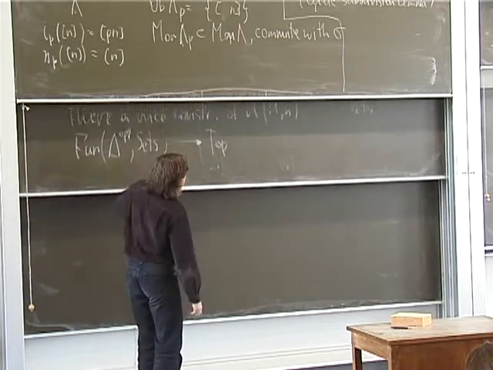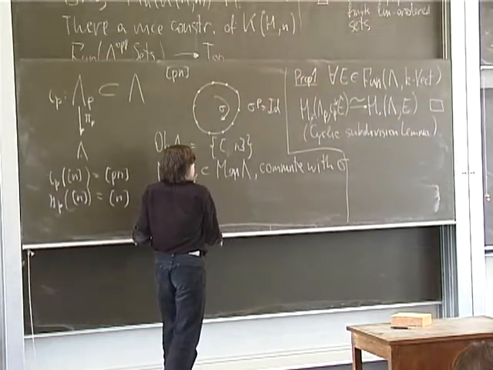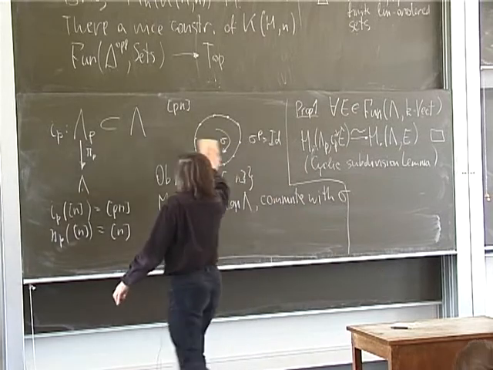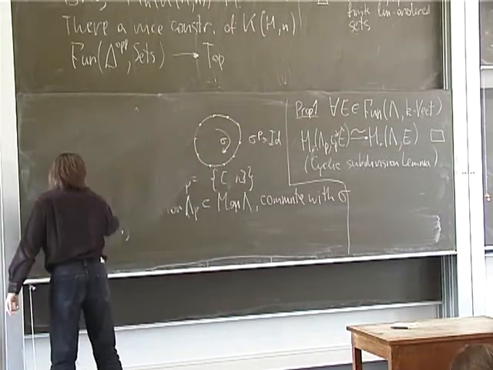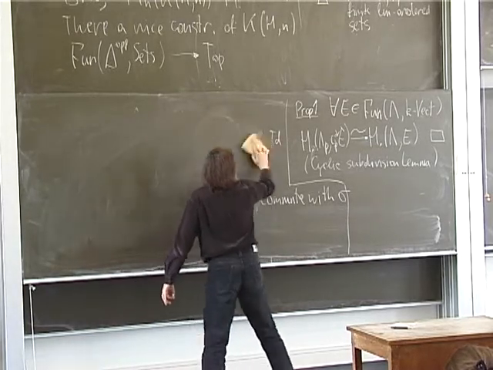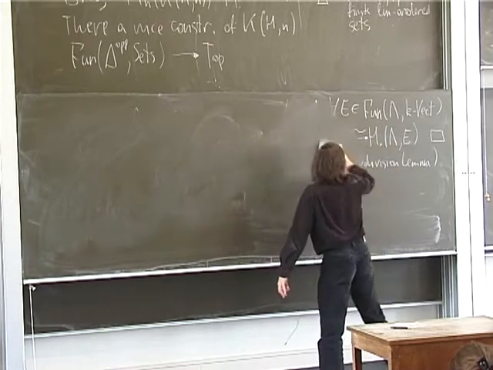Namely, I claim that an Eilenberg-MacLane space can be constructed as a topological realization, not only of a simplicial set, but actually of a simplicial abelian group.